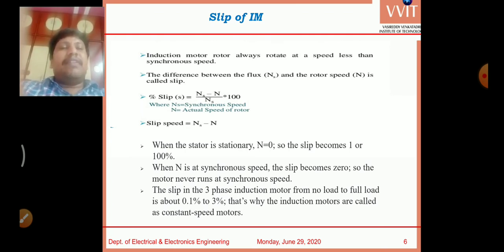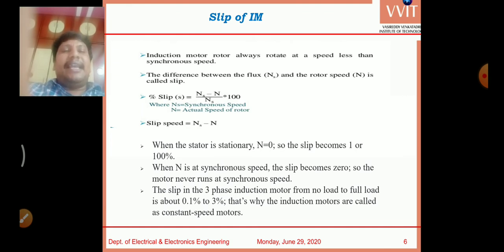Substituting this N value in the slip expression, (Ns minus N) by Ns, at standstill the slip becomes 1. If you multiply by 100 for percentage slip, we get 100%. At the time of starting, the percentage slip of the induction motor is 100%.